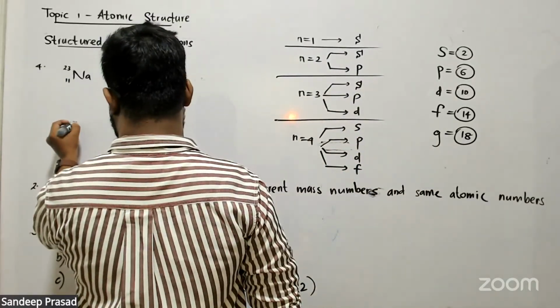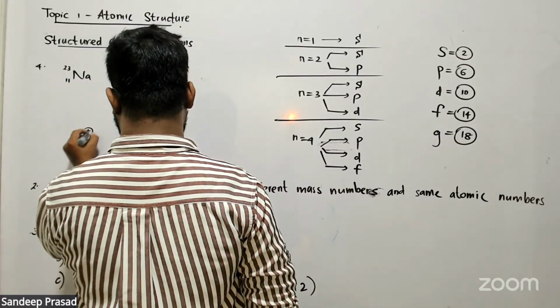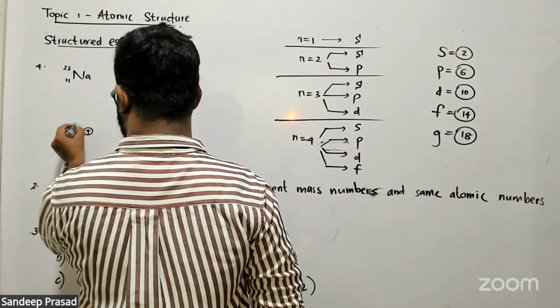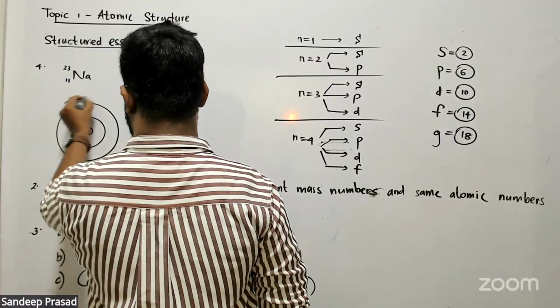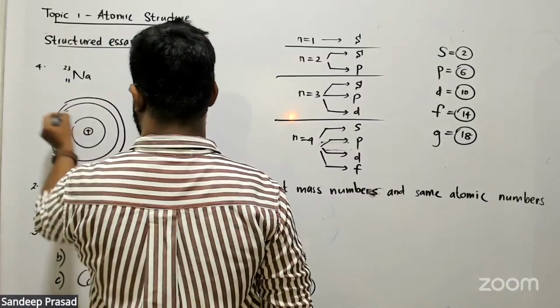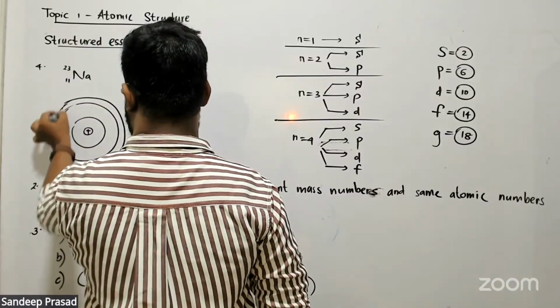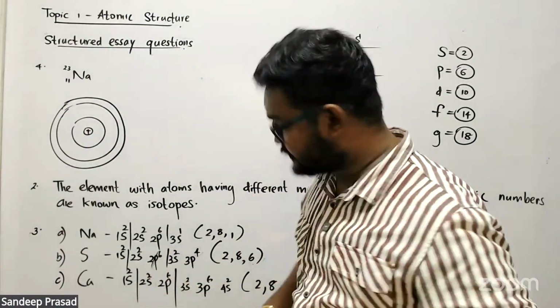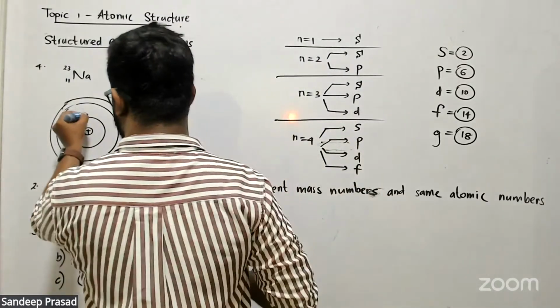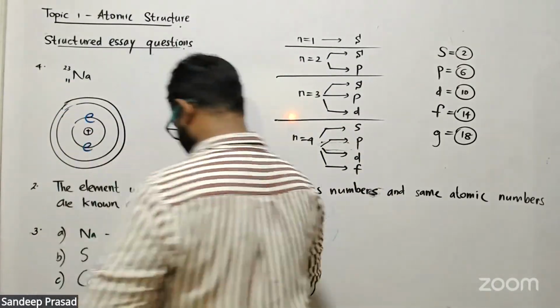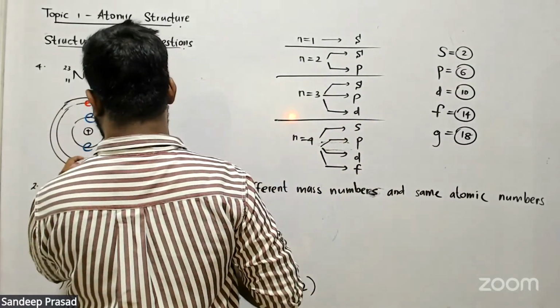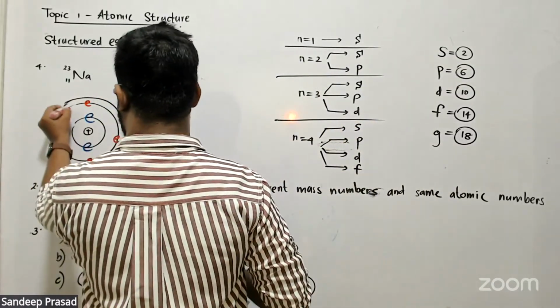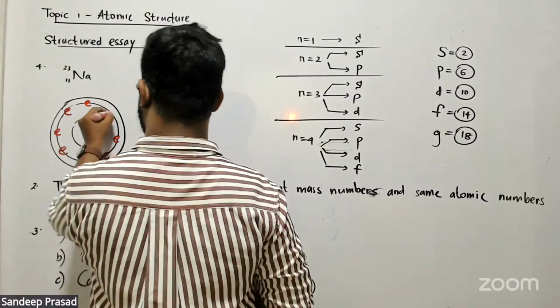Students, remember, we know that when we consider a sodium atom, these electrons are filled to 3 principal energy levels. In the first principal energy level, there can be 2 electrons. In the second principal energy level, there are 8 electrons: 1, 2, 3, 4, 5, 6, 7, 8.